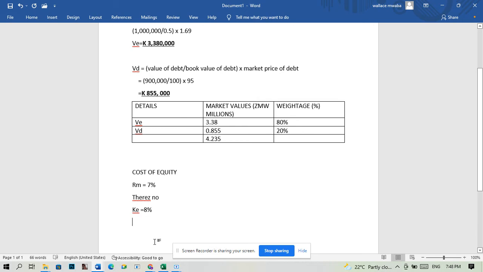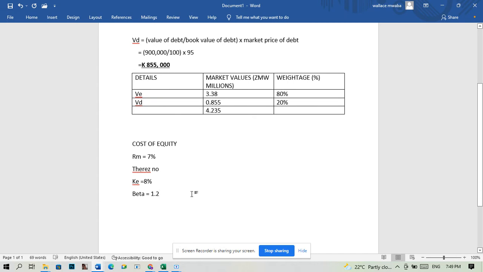So what was the other? The equity beta is 1.2. So we have to first calculate the risk-free rate, right?